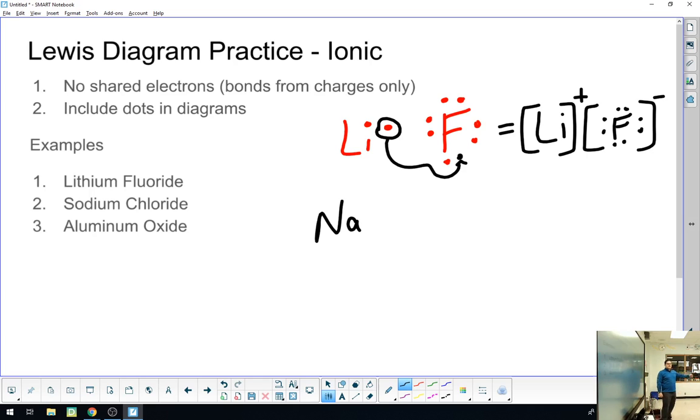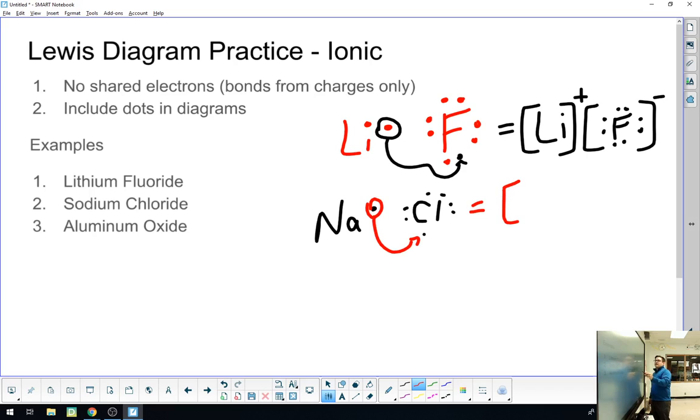Hudson, you ready? How many valence electrons does sodium have? 1. How many valence electrons does chlorine have? 7. 1, 2, 3, 4, 5, 6, 7. Follow me there? Same thing as the other one. This electron is going to go to the empty spot right here. And what's that going to give us in the long run?